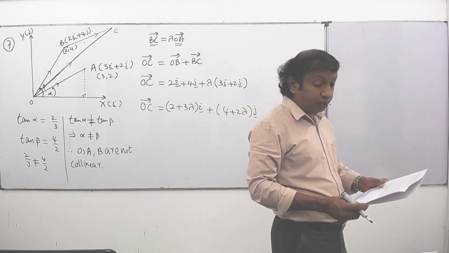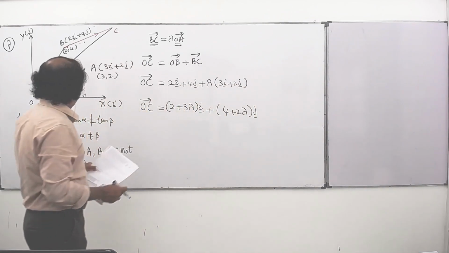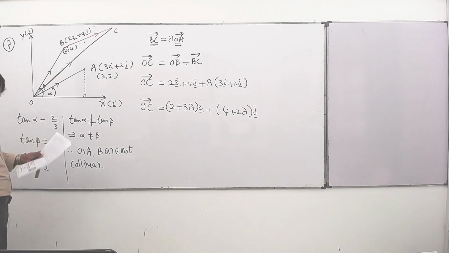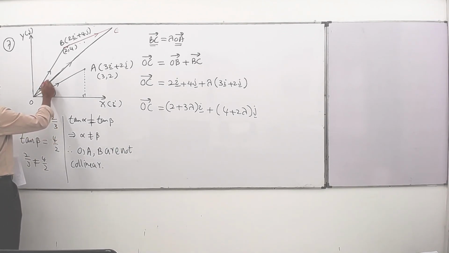Show that if angle BOC is pi by 2. So that means this angle is given as pi by 2.